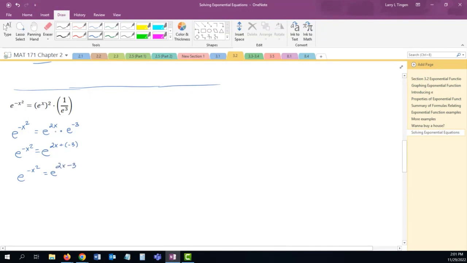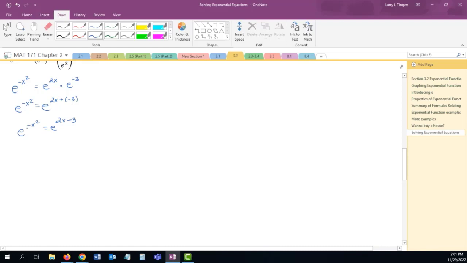I did an extra step there because multiplication always means plus, and then the fact that the 3 is negative is what makes this a minus. I don't want you to get confused and think that multiplication could lead to subtraction. It can't. So now I have the same base on both sides. So now I know that negative x squared is equal to 2x minus 3.